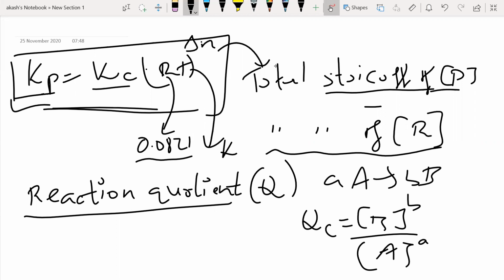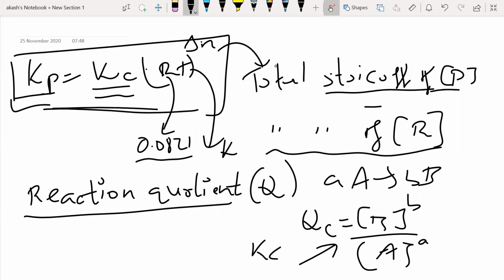It's the same thing. But what is the difference? If I write the Kc equation, what concentrations should I substitute there?